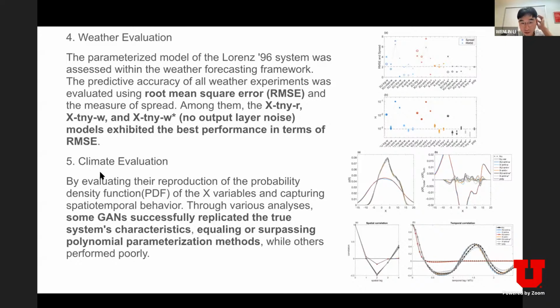And about the climate evolutions, some GANs successfully duplicate the true system characteristic, equaling or surpassing the polynomial parameterizing models, while the others perform poorly. So we can see the true line is kind of like this shape.